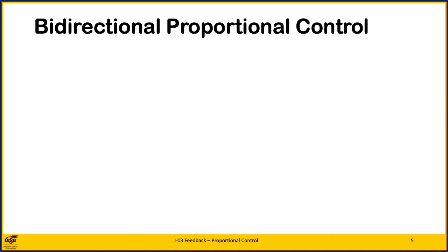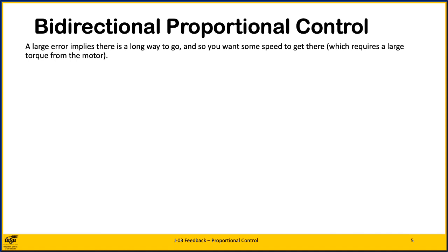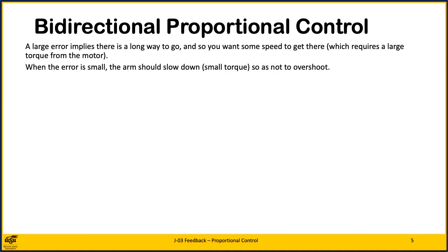Having the corrective force be proportional to the error makes sense when you consider the following argument. A large error implies there is a long way to go, and so you want some speed to get there, which requires a large torque from the motor. However, when the error is small, the arm should slow down, small torque, so as not to overshoot.